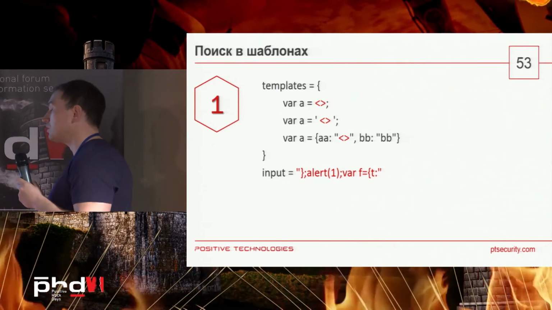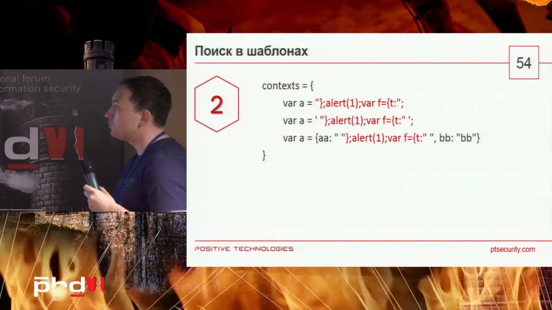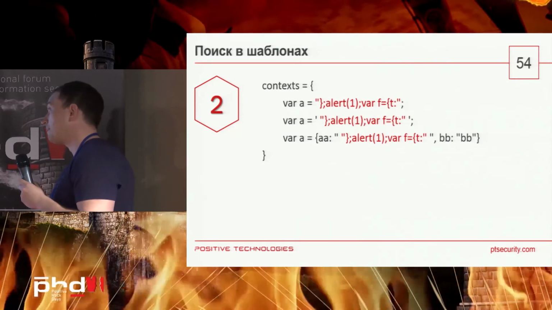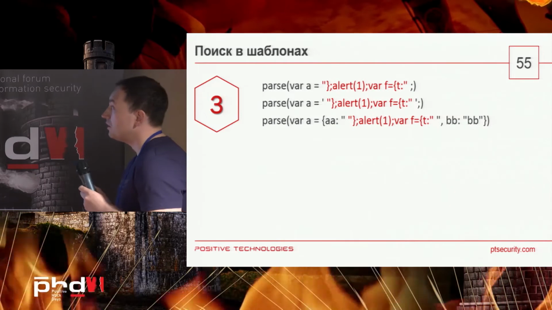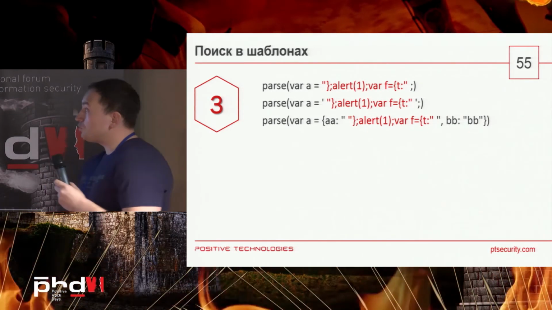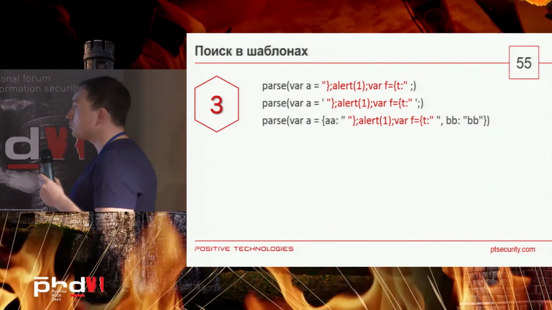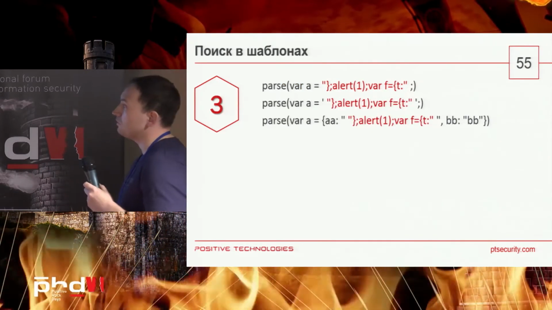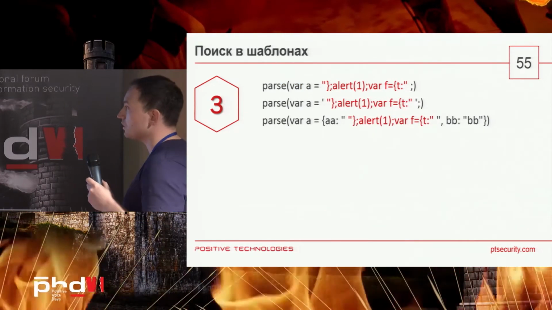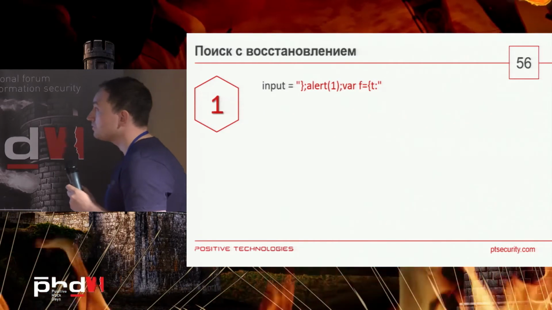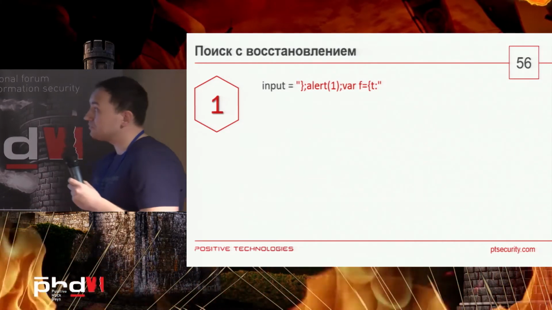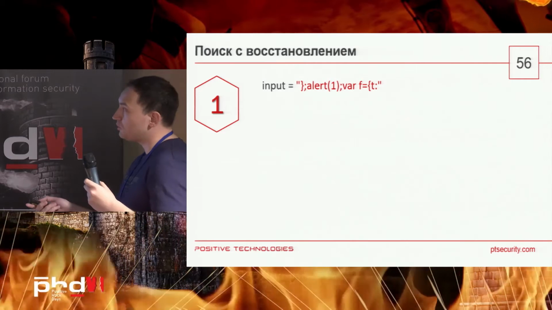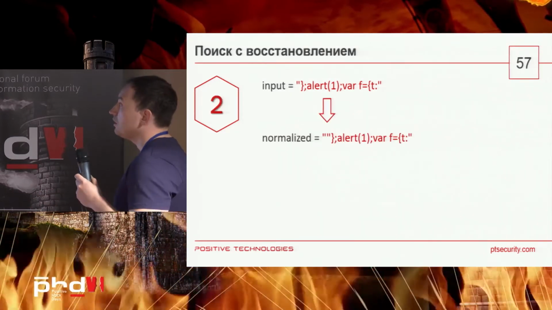So if we get this input, we put the string into each context and parse each such string. In the third case, we are going to have the tree built, so it's in the third case that we detect an injection. Search with reconstruction.